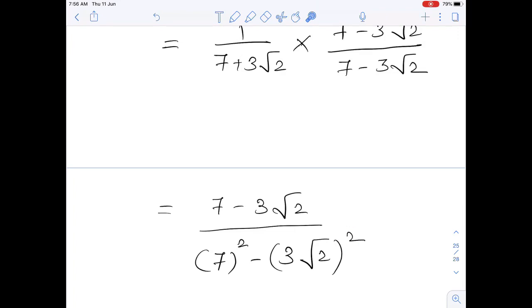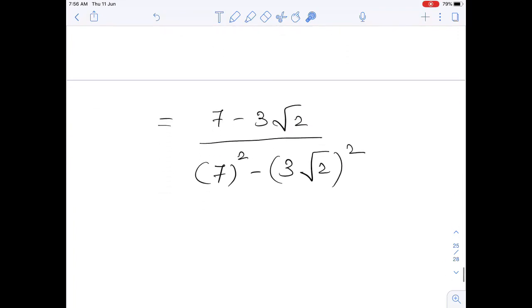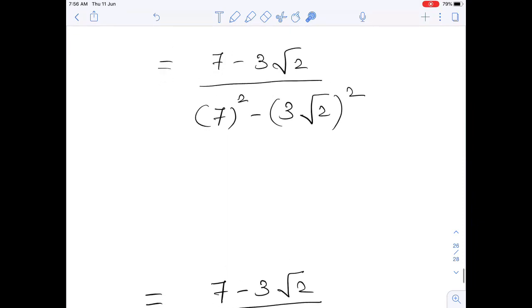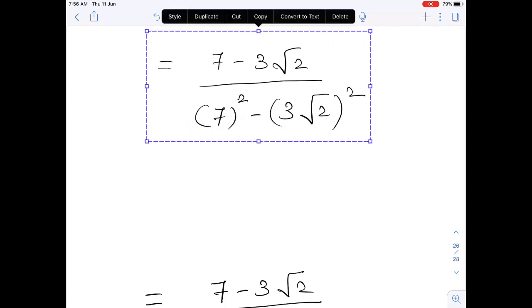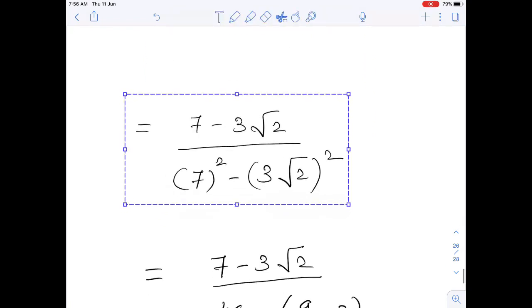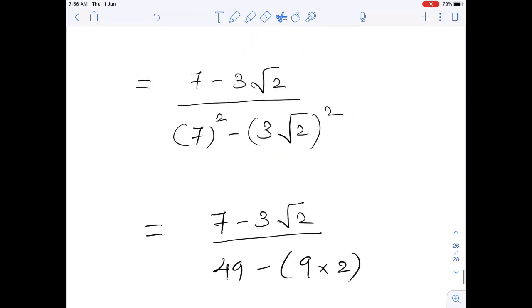Again no change in the numerator, so it continues as 7 minus 3 root 2. Now in the next step, 7 square will become 49. The square applies to 3 also and to root 2 also, so 3 square can be written as 9 and root 2 square is 2.